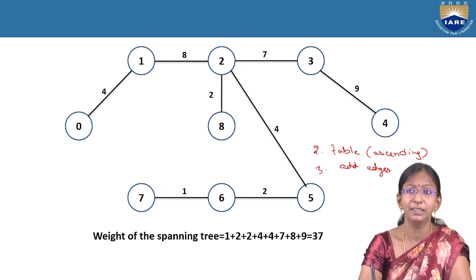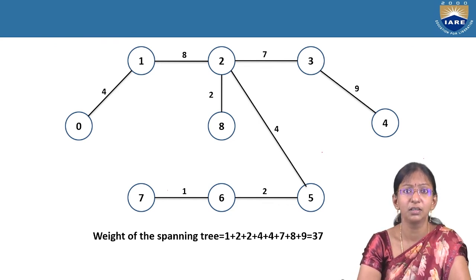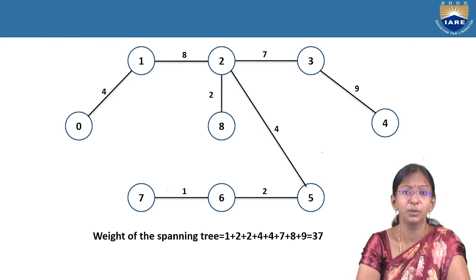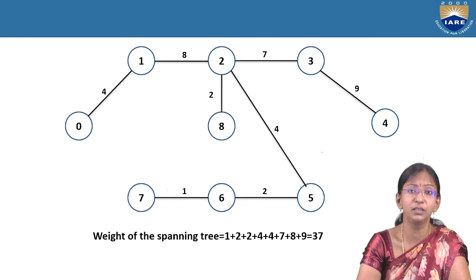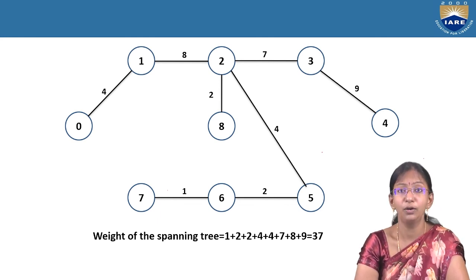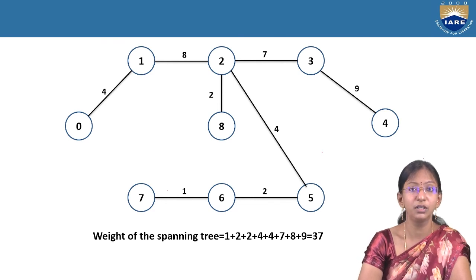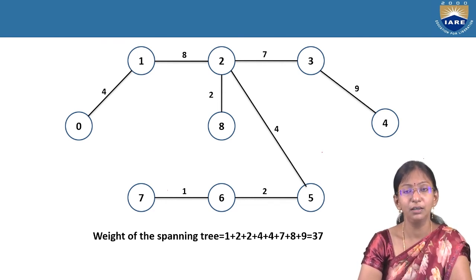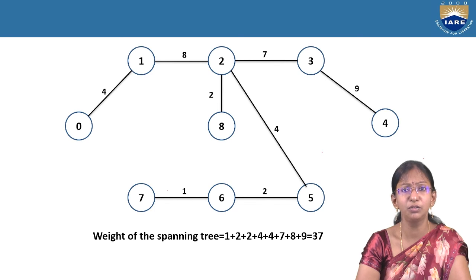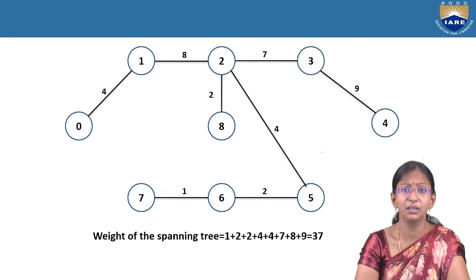So these are the 3 steps which you need to follow to construct a minimum spanning tree using Kruskal's method. As I already told you, this method is highly useful, this greedy method. I hope you understood why I call this a greedy method. See how choosy it is. It starts from the least weighted edge to construct a spanning tree.